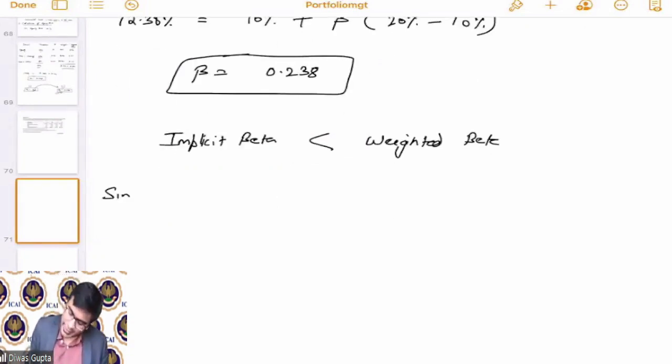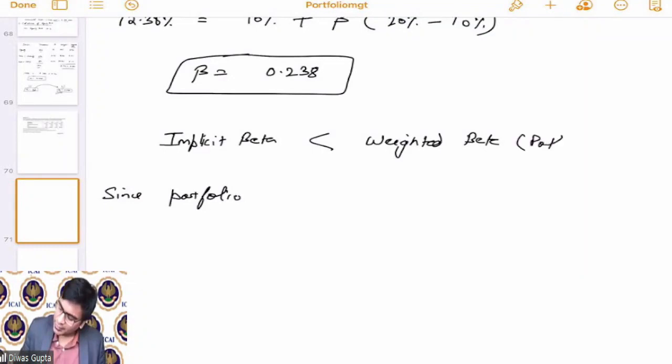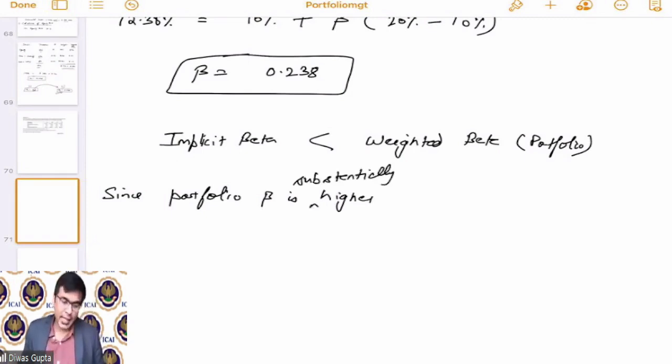So what I'm writing is, since the current portfolio beta, which is this weighted beta coming out from the weights, is higher, or I should say substantially higher, correct? It is substantially higher compared to implicit beta.